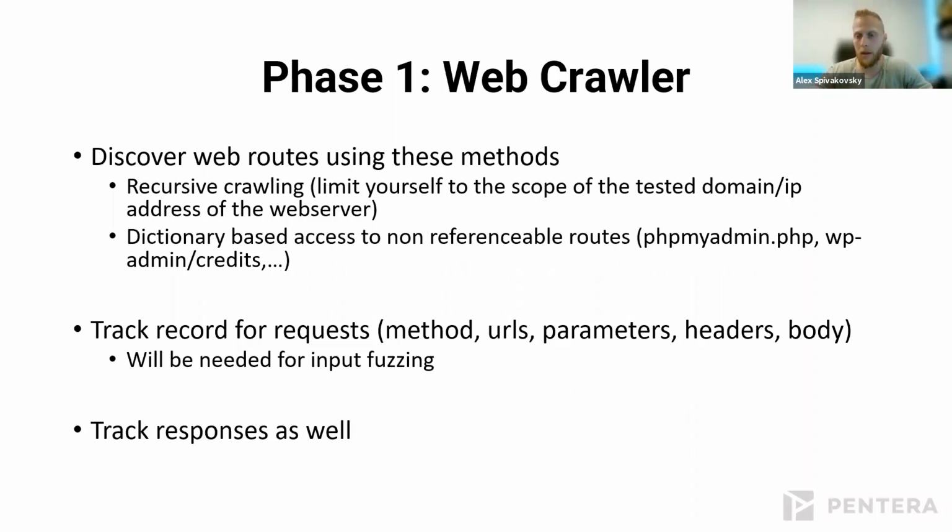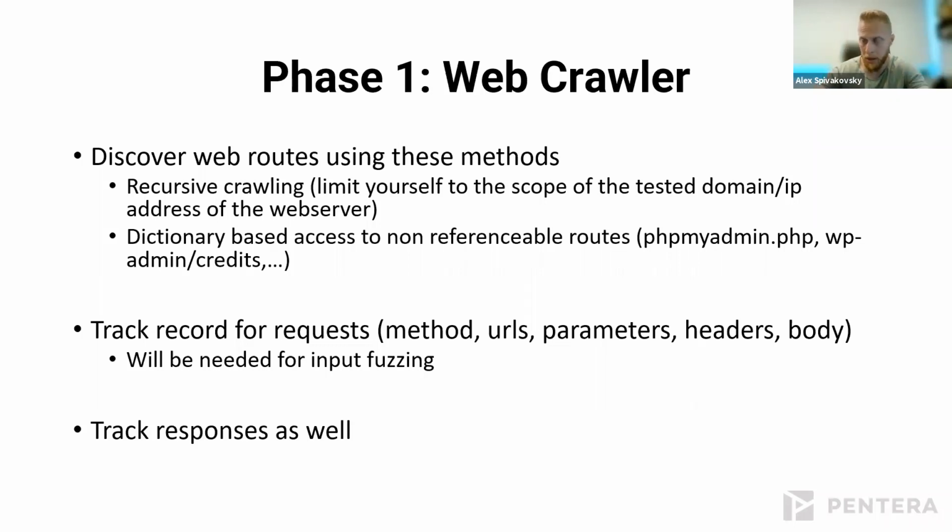Once you've mapped the existing paths, you can do some guessing and create a whitelist of possibilities like phpMyAdmin or the WordPress admin webpage, append them to existing routes and test those as well. If the hit is successful, great.